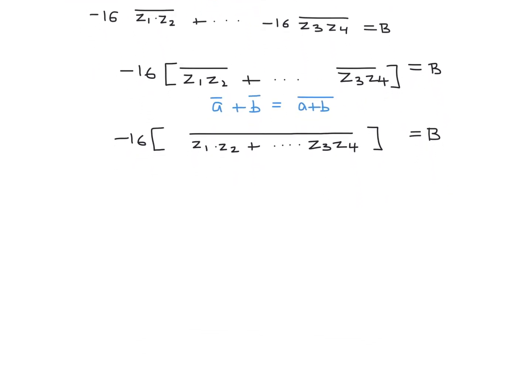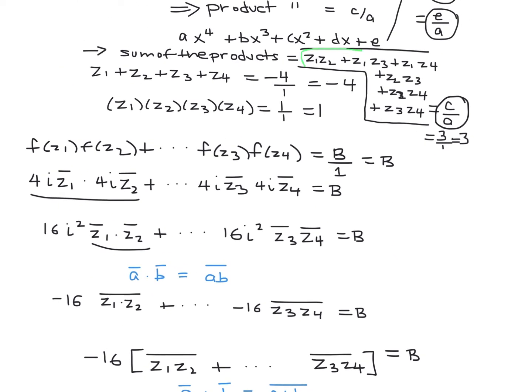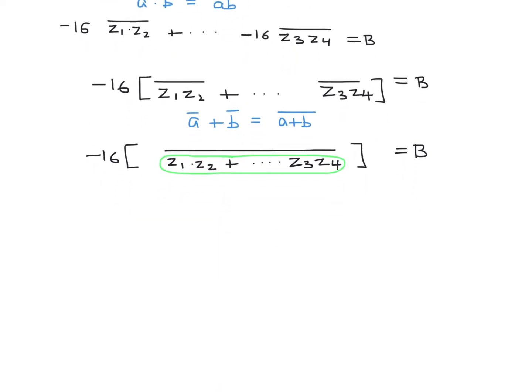Okay, so hopefully that is not a problem. Now, this guy here, just this guy, forget about the conjugate. I'm just going to circle the number, this part. That's already been calculated. This is essentially the sum of the products, which is right here. And we already calculated it to be equal to 3. So we put that in. But we're not just going to put 3.